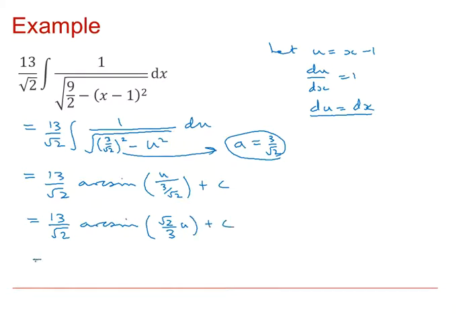And now I'm in a position where I can substitute back for the u. So 1 over root 2, we've tidied it up, and now when I substitute back, we get root 2 over 3 times u, and u, as we saw earlier, was x minus 1.